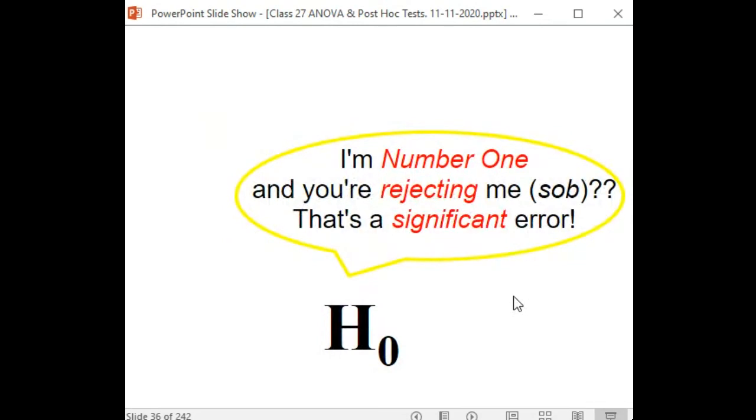So here's a cartoon of the null hypothesis crying, I'm number 1 and you're rejecting me. Now, these cartoons are obviously ridiculous, but research has shown that mnemonics are more easily remembered if they're ridiculous, violent, or obscene. So for this course, we're sticking with ridiculous.